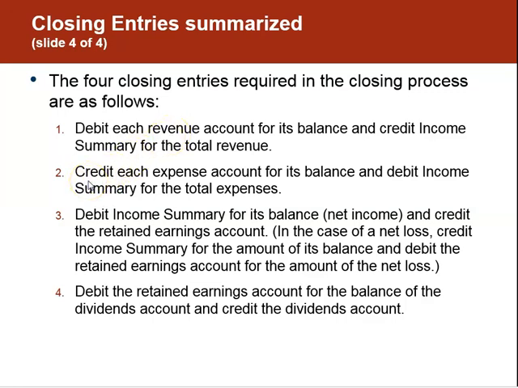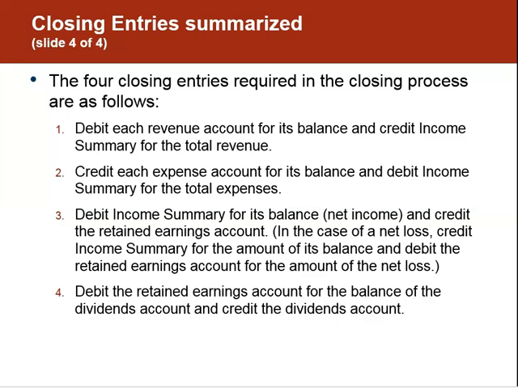Same thing for expenses. Credit each expense account, which we originally debited for its balance, and debit income summary. Okay? So we're going to both credit and debit income summary.